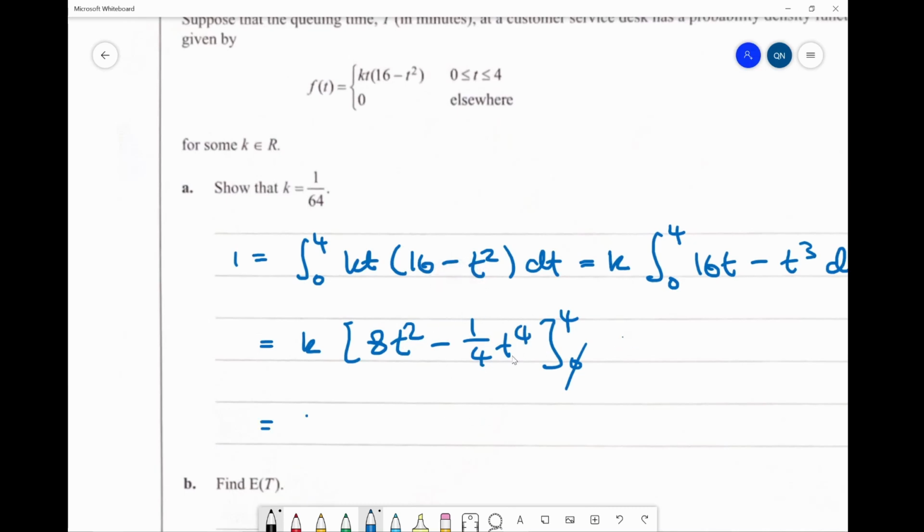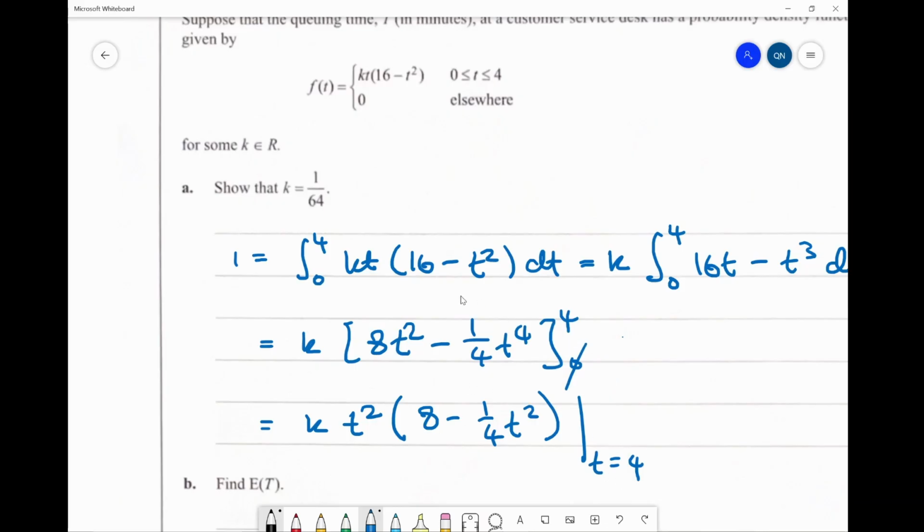You can write it as k, and then you can factor out a t squared, and you're left with 8 minus 1/4 t squared, and evaluate everything at t equals 4, because you don't really care about 0 over here, right? We established that.